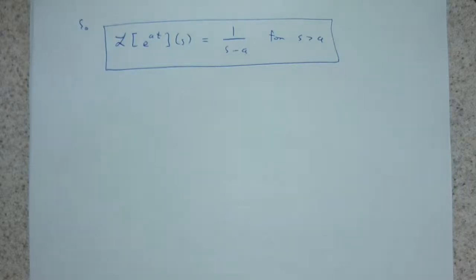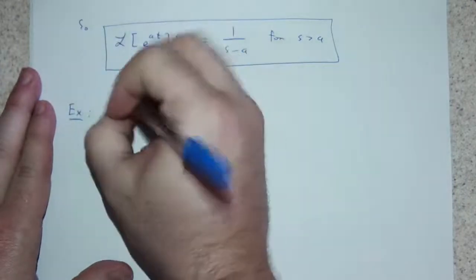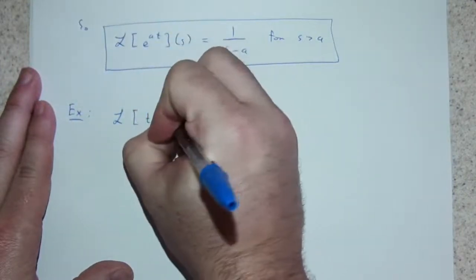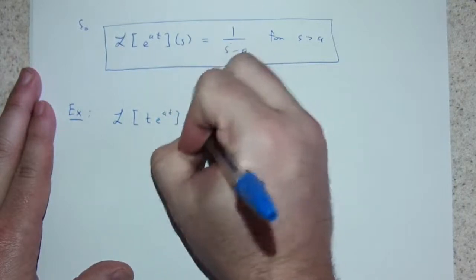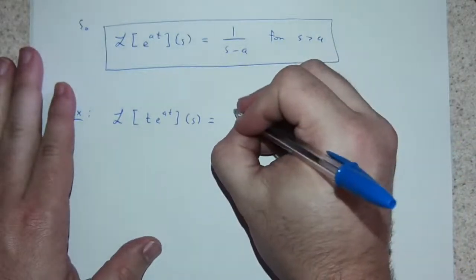Let's do another example. Let's do the Laplace transform of t e to the a t. Okay, so what is this? Well, let's do the definition again.